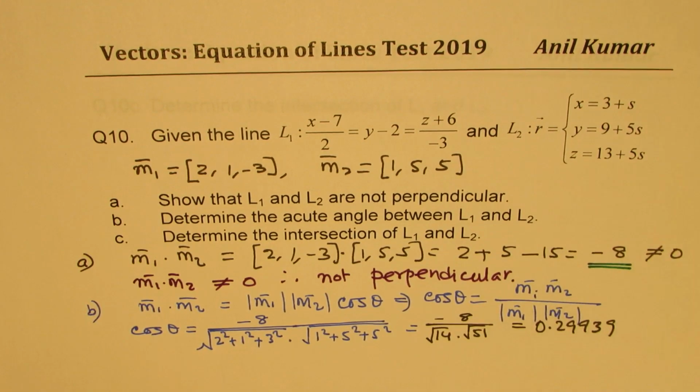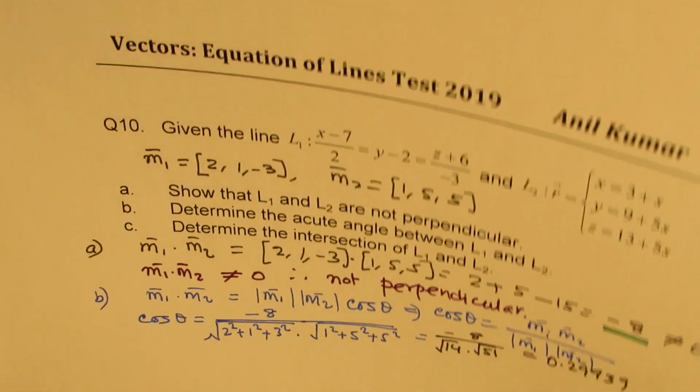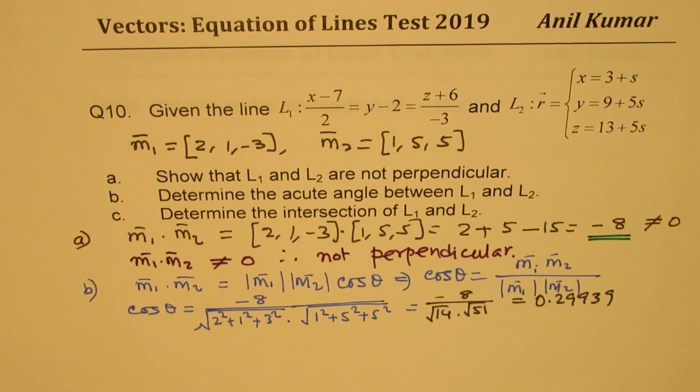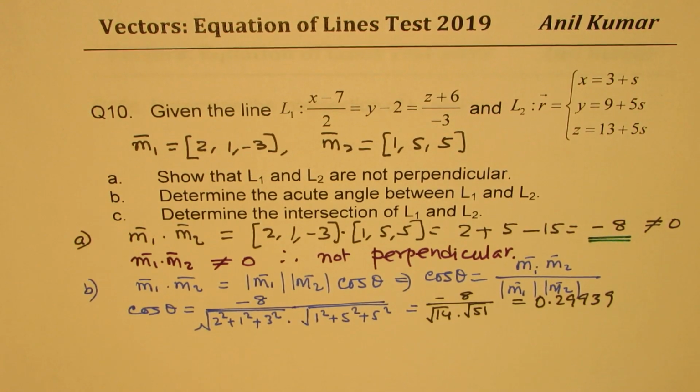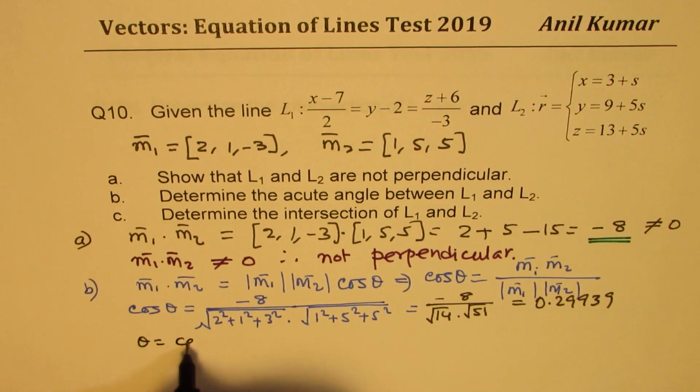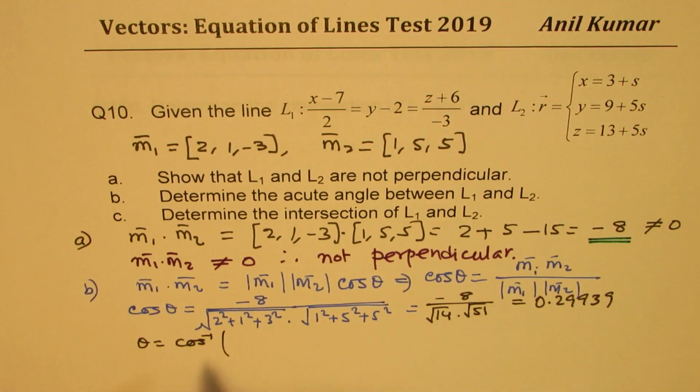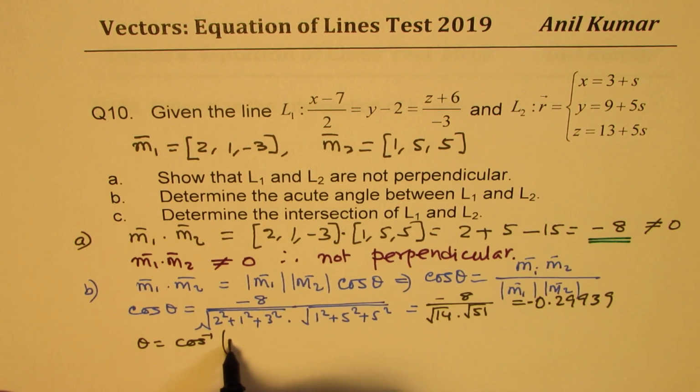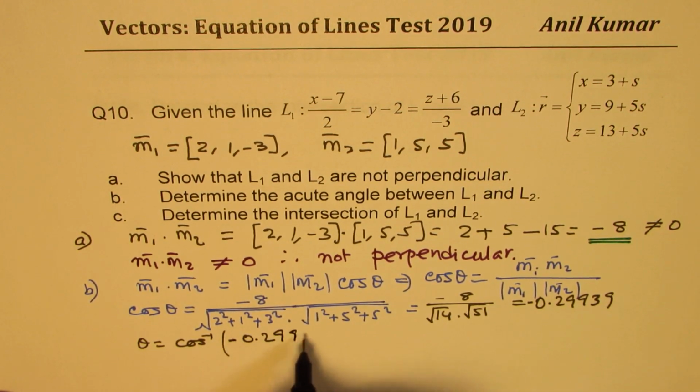Okay, so I hope you can see it. Let me push the page a bit in. Okay, that should be fine. Okay, so we'll say theta is equal to cos inverse of this negative number. So we'll do cos inverse of minus 0.29939.